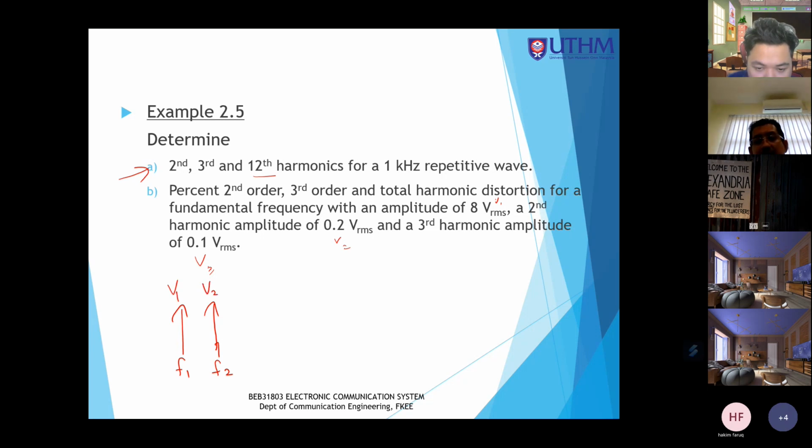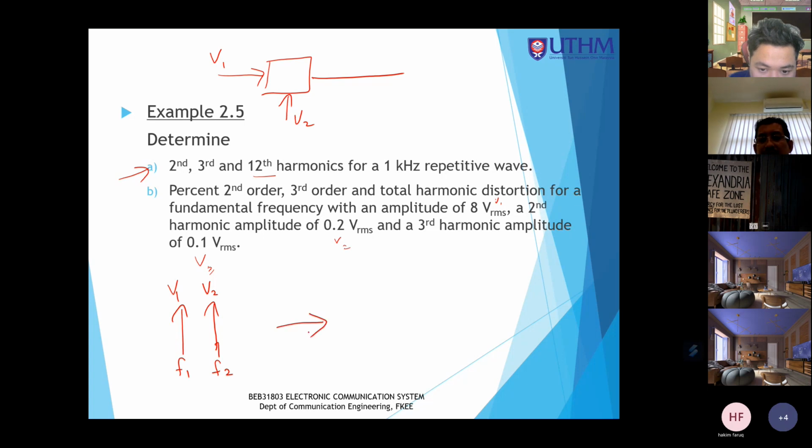Kalau kita lukis contoh, kita ada satu sistem, akan ada dua input, V1 and V2. And then the output is going to produce the cross product. When these two inputs are put inside the nonlinear device, it is going to produce intermodulation distortion.